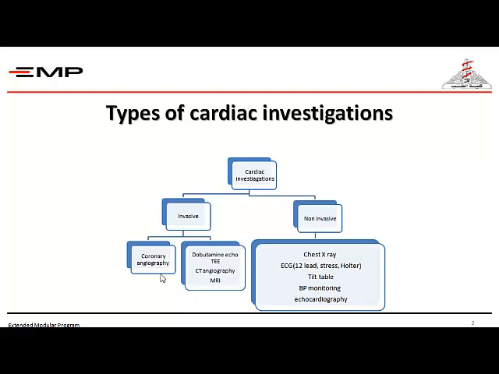you introduce dobutamine as a cardiac heart rate fastener, to increase the heart rate so as to induce ischemia, or the transesophageal echo, where you introduce the transesophageal probe into the patient's esophagus to see the posterior structures of the heart.